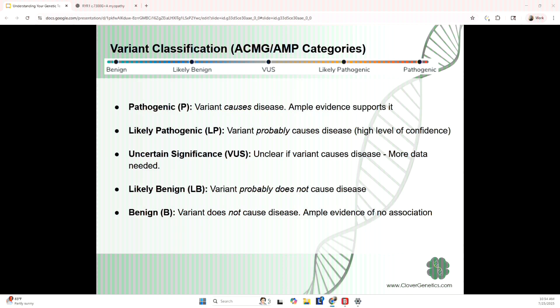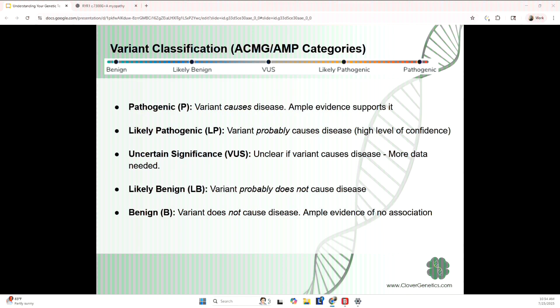So this 5-tier system, which you can see at the top of this slide, is a standard in genetic testing in terms of classifying variants. And while there are variations on how each lab interprets these from lab to lab, generally the standard is used from going from benign on the far left toward pathogenic on the far right there.